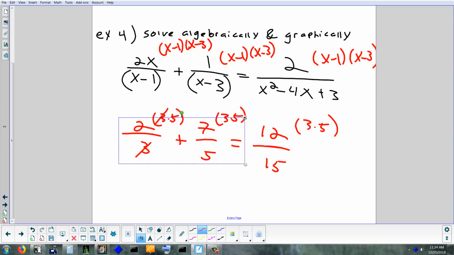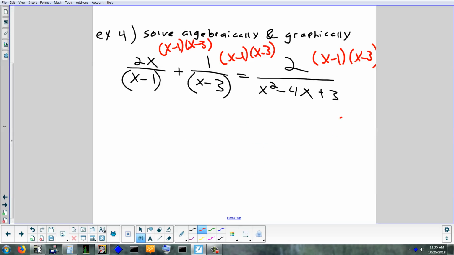Your 3's cancel there, your 5's cancel there, and the whole thing cancels there. So you'd have to have a variable in there somewhere to make this work. All right. So now all you're left with is 10 plus 21 equals 12x. That's a much easier equation to solve than when you have all those fractions. Okay. So pretty much exactly the same thing is going to happen here.